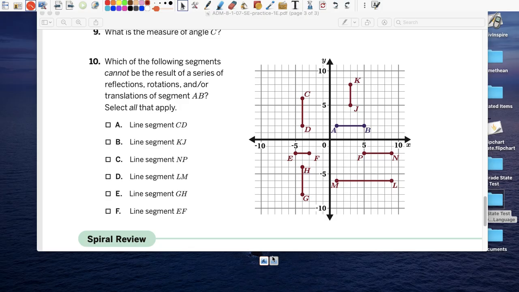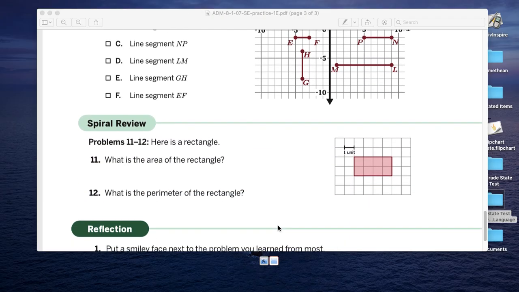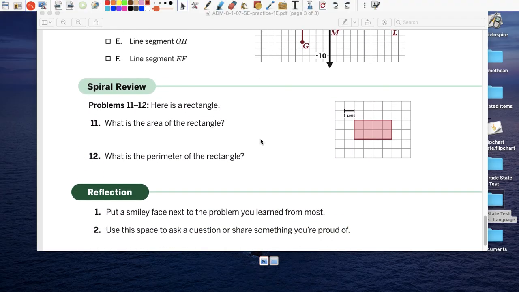And then finally we have the spiral review. It asks what's the area of the rectangle? Well, area is defined by the number of square units inside. You can count 1, 2, 3, 4, 5, 6, 7, 8. Or multiply the length and width, 2 times 4. Either way, it's 8 square units.